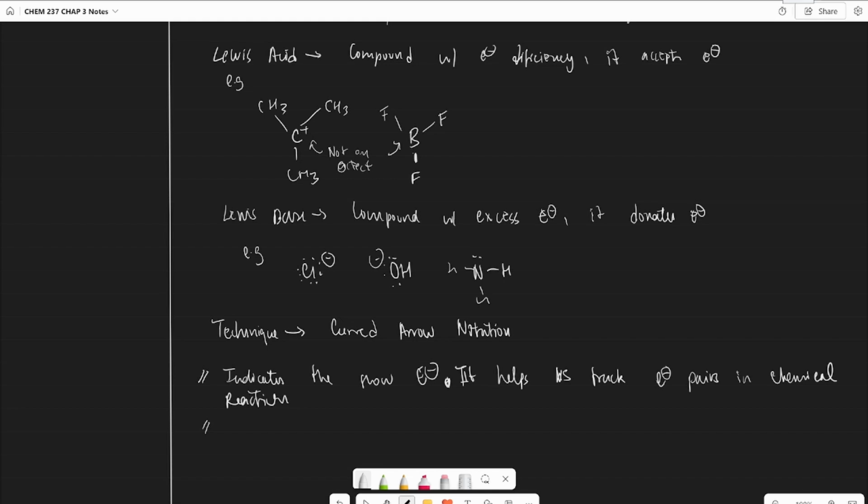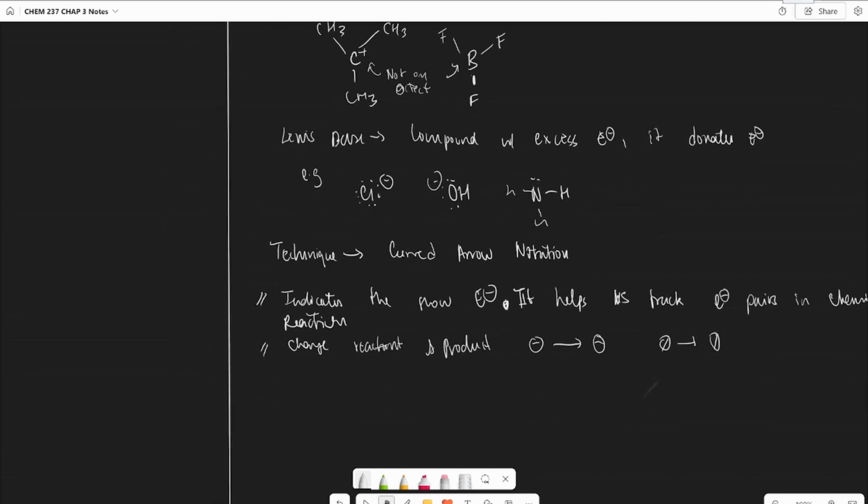Something you need to know is that the charge of the reactant and product don't change. So if the reactant started with a negative charge, you'd end with a negative charge. If you're neutral, then you'll end up neutral.